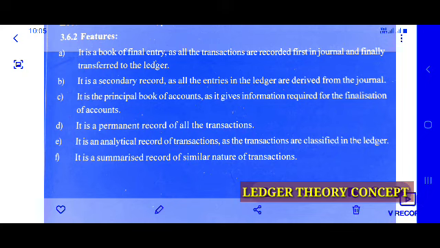Not only at the year end, it depends on the type of business. If it is a large business, ledger accounts are prepared monthly. If it is a small business, they are prepared on a quarterly basis or once in a year.